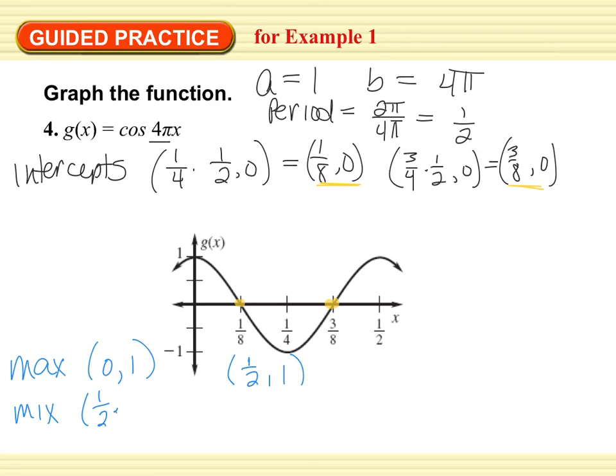So halfway, the half distance of the period, comma, negative amplitude. So that's going to be 1/4, -1. So maximums, minimums, go ahead and plot them. Maximum, minimum, maximum, and you've got your graph.